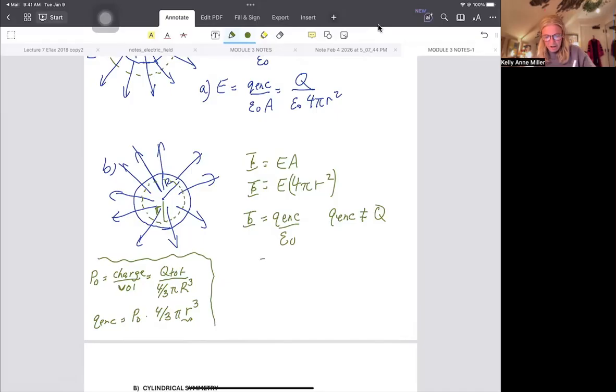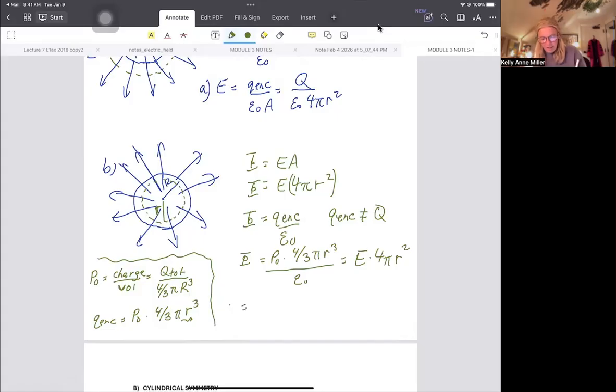So I'm just going to rewrite it over here. It's rho naught times 4/3 pi r cubed divided by epsilon naught, right? That's the flux, and that equals E times 4 pi r squared.